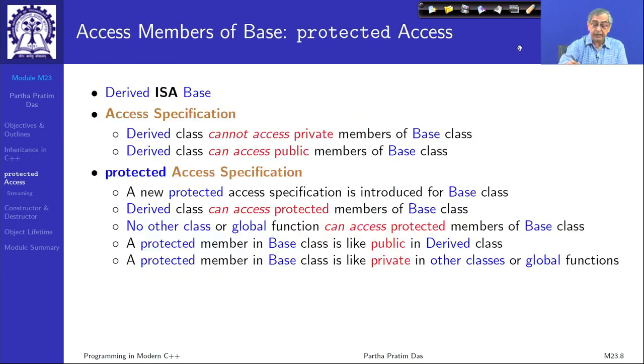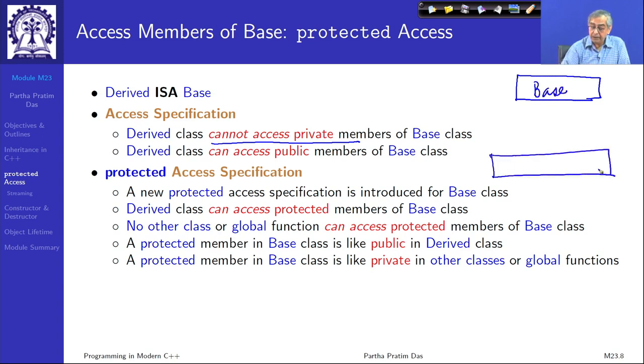So, what is protected access? Derived is a base. Under this situation, the derived class cannot access the private members of the base class. So, let us understand the requirement once more.